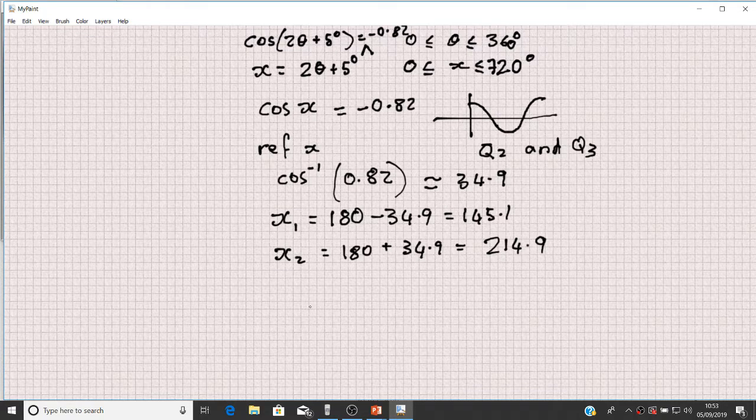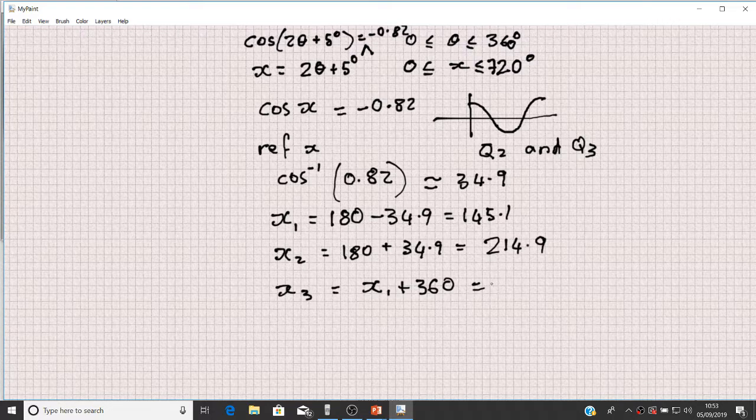To find a further two solutions in the next cycle, we take x3, which is my x1 plus 360 degrees, a full cycle.